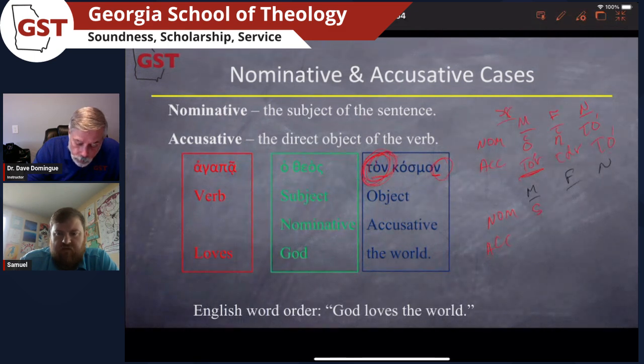A sigma. What would be the case ending for feminine nominative? Just either the alpha or the eta. There's no case ending.